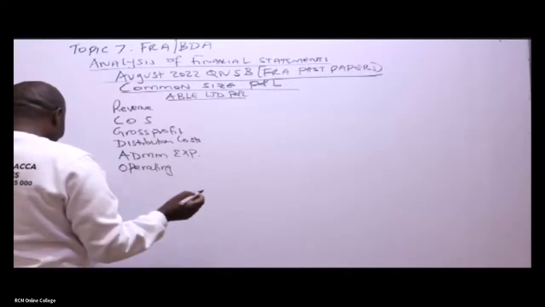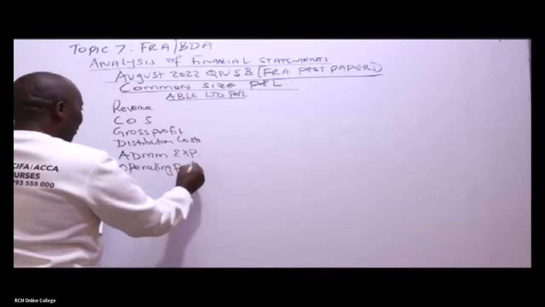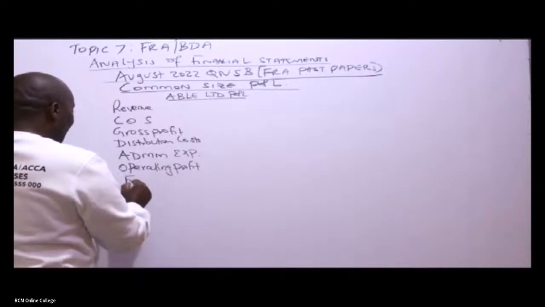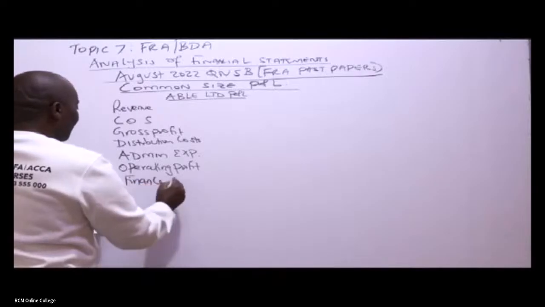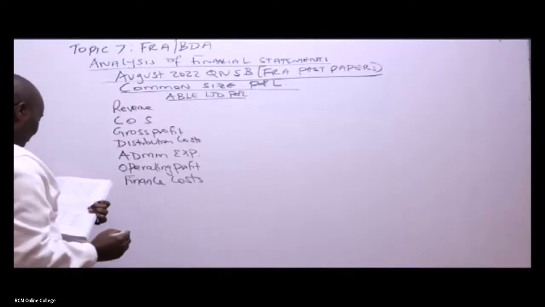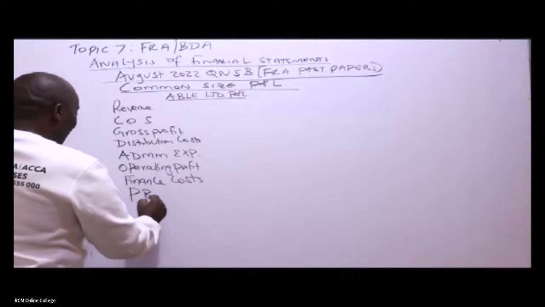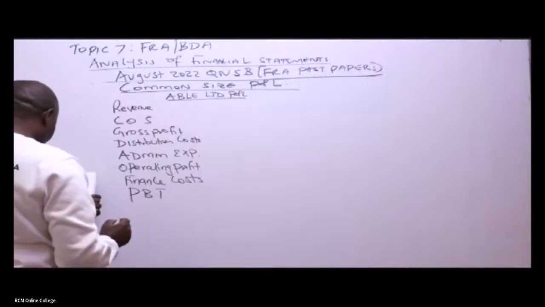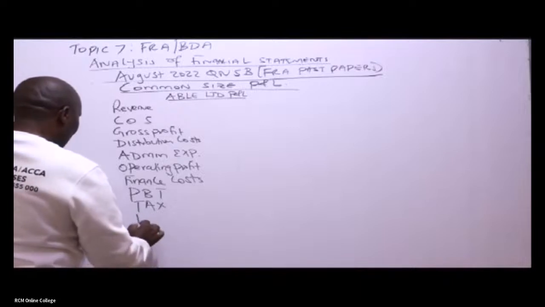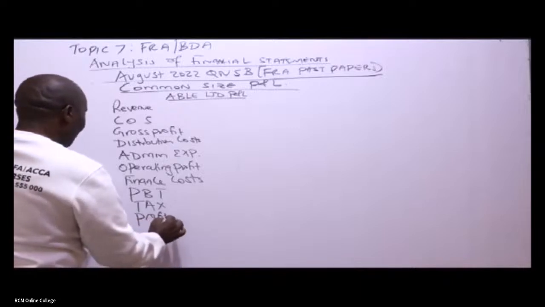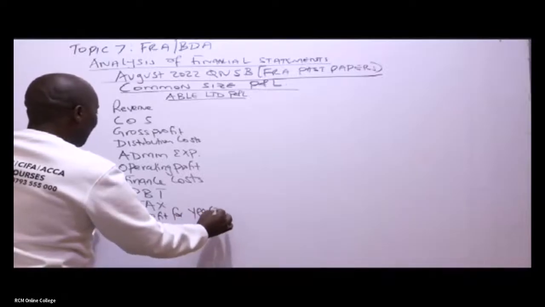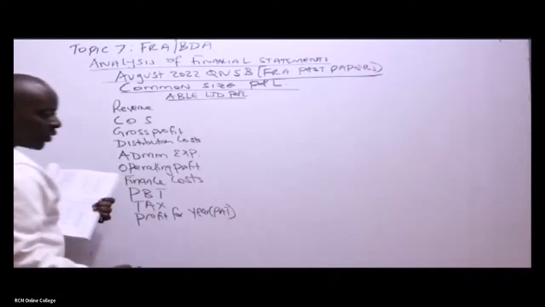You guys are not copying anything. Already you have the question. So we have operating profit, we have finance costs, we have a PBT, profit before tax, and then we have profit for the year, our PAT, profit after tax.